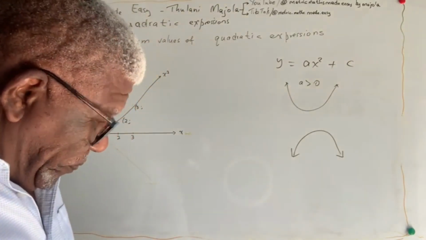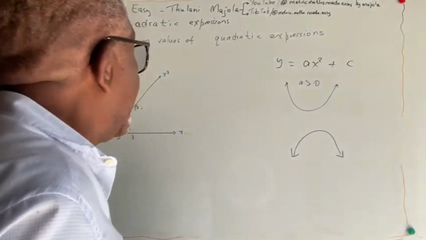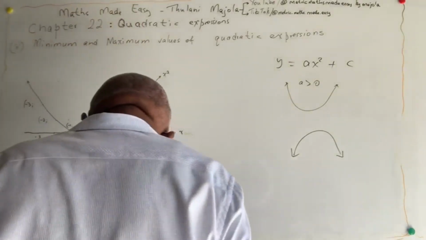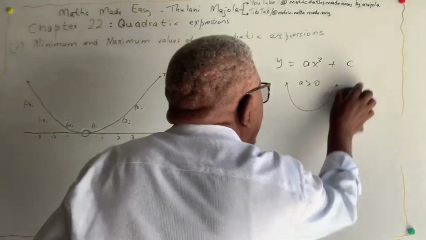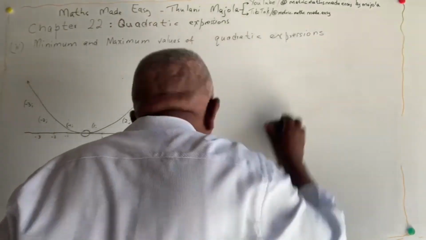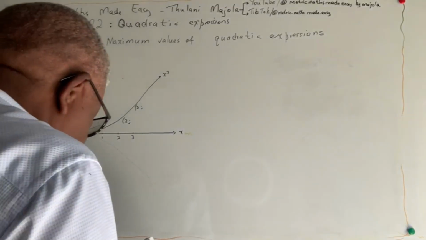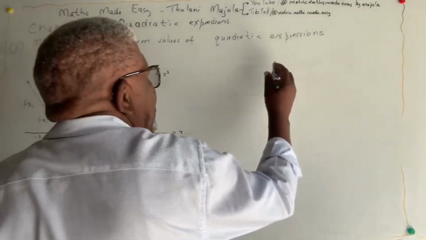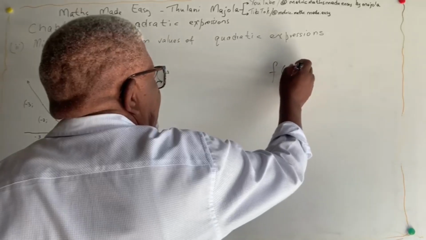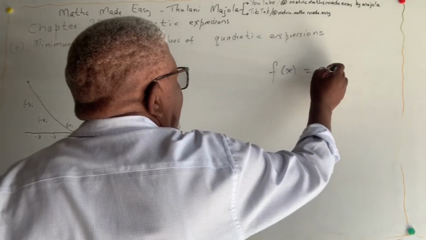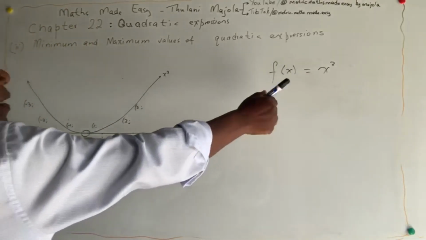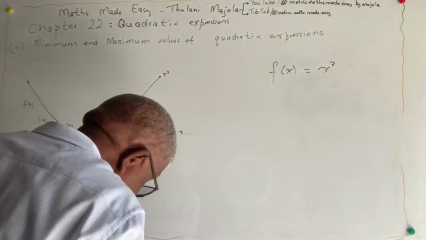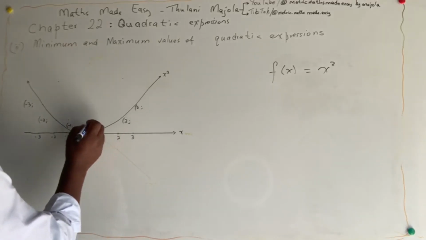So now, if you've got f of x equal to x squared, like we have been doing before, we know that when x is negative 1, your x squared will be 1.